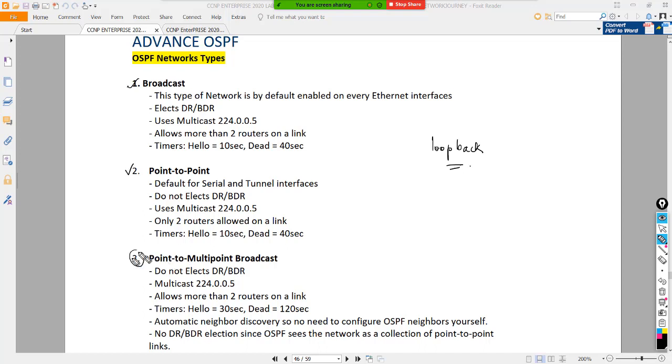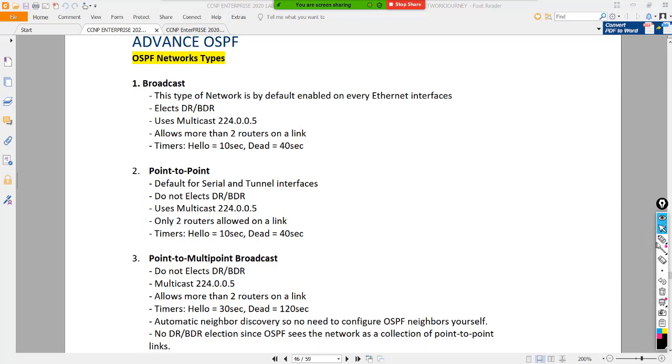The rest, like point to multi-point, non-broadcast, and broadcast, were used in outdated or obsolete technologies like frame relay or ATM. So basically we don't use those as of now, so I will not focus much on the other 3, but yes, I'll focus on the ones we are using nowadays.